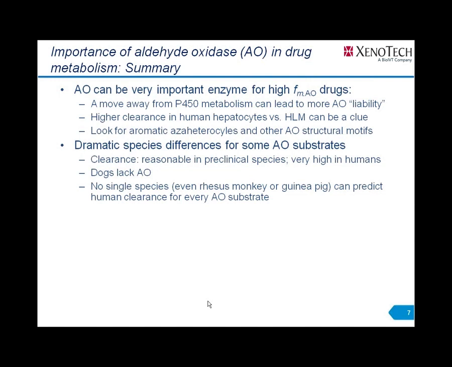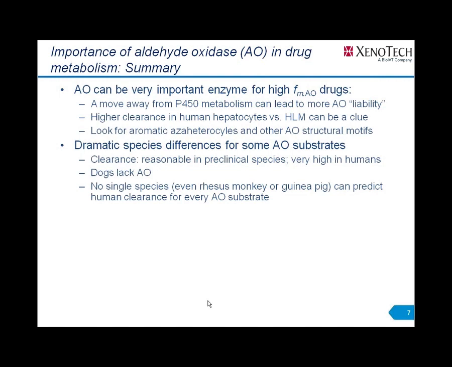And as I mentioned, there are dramatic species differences for some AO substrates. So in your preclinical species, the clearance may appear quite reasonable, and you would predict that you're going to have a decent half-life in humans. But then when you actually get to humans, and this has been described in various presentations and papers, you can have very high clearance in humans.